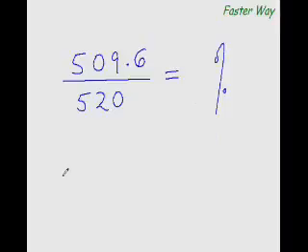So do this last question, and I'm not going to help you at all with this. Now you must have spotted by now that the numerator is very close to the denominator. So if the denominator is 100%, this would be just less than 100%. So again you have to use that fine yardstick. Let's find 1%. 1% would be 5.2.